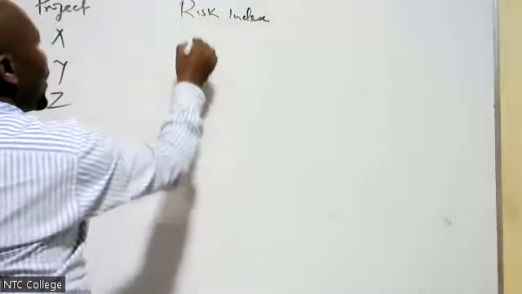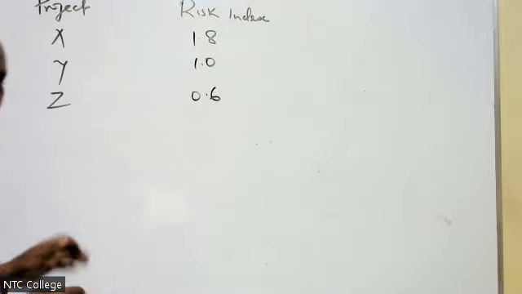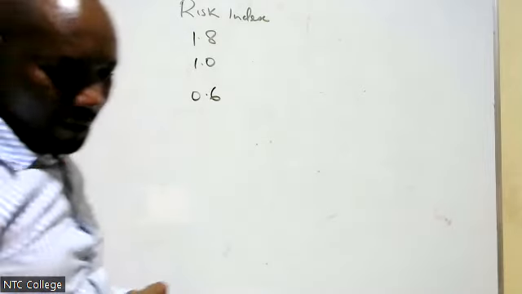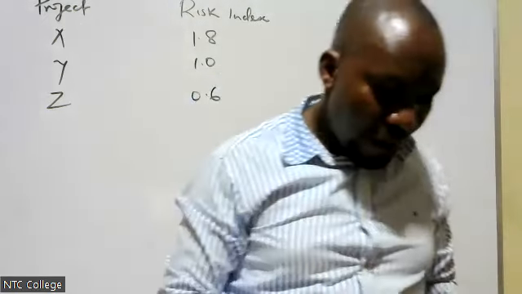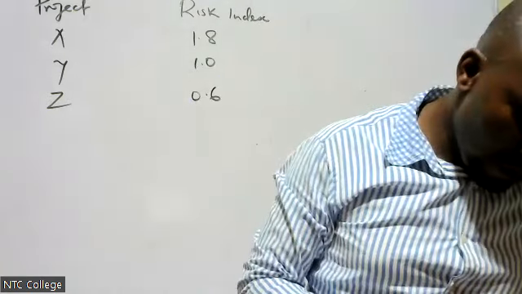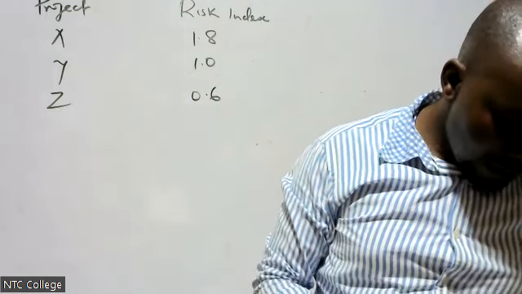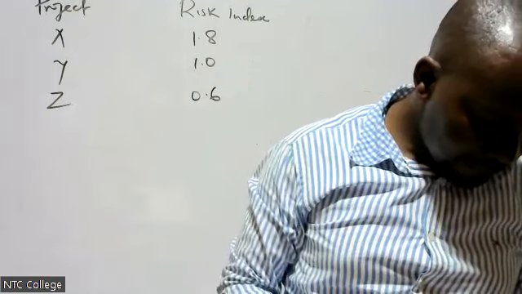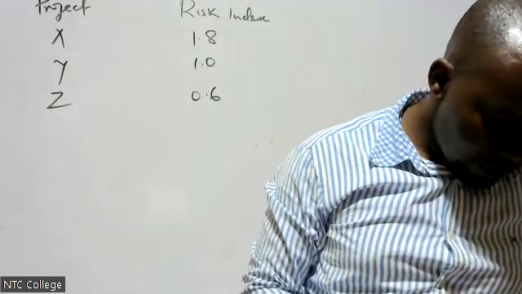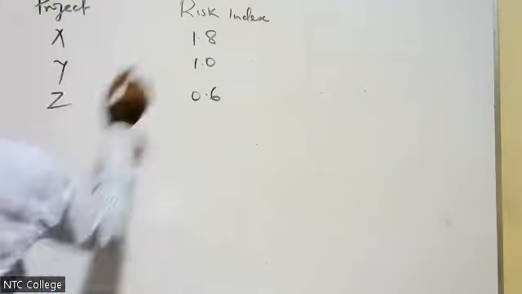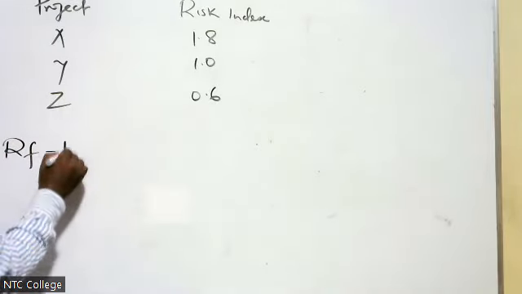The risk index in project X is 0.8, this one is 1.0, then we have 0.6. Additional information: RF is 10%.